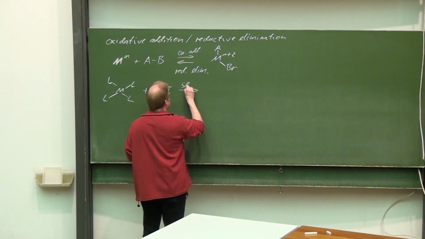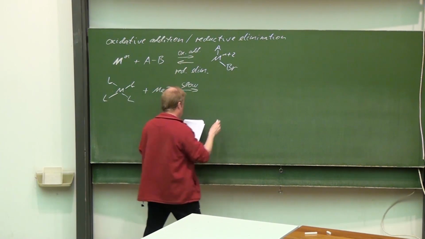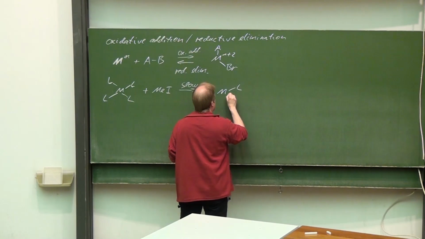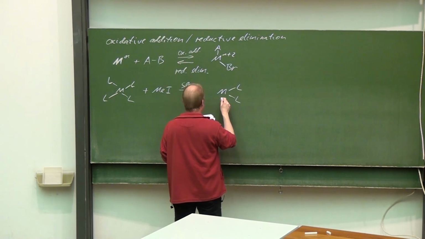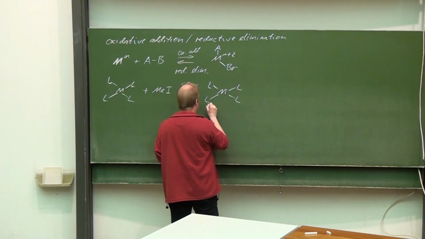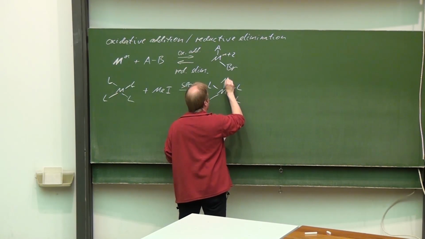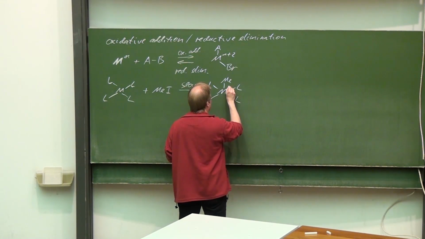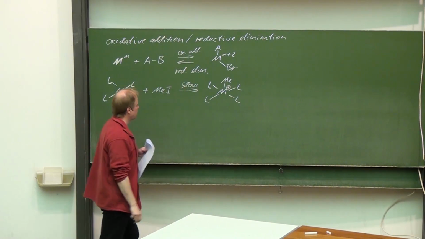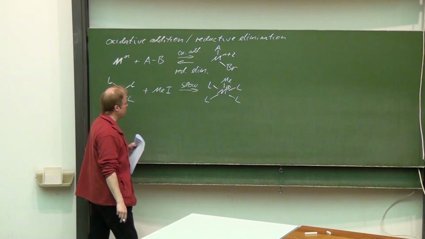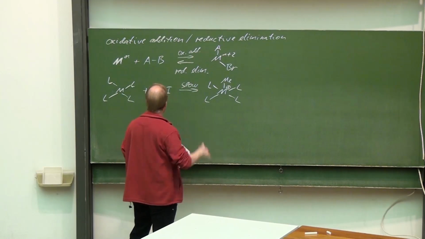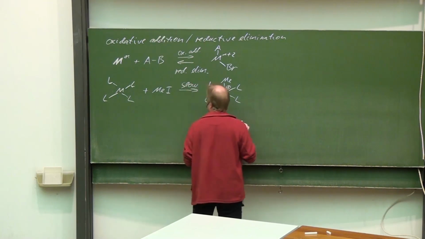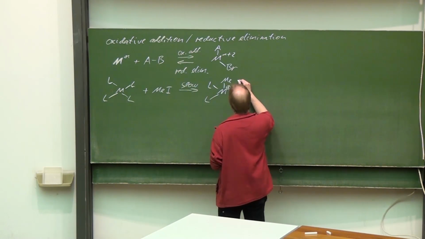And it should be a slow reaction step, just adding the methyl iodide via a nucleophilic substitution SN2 type process.